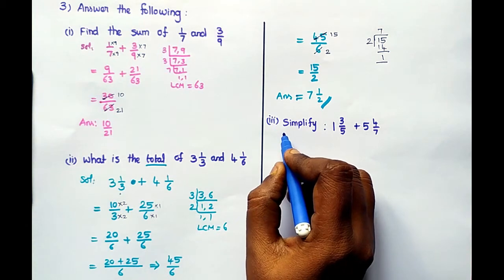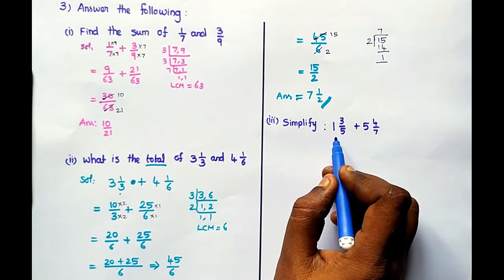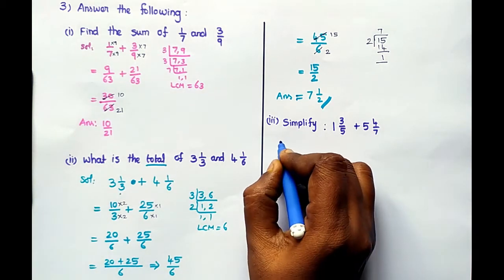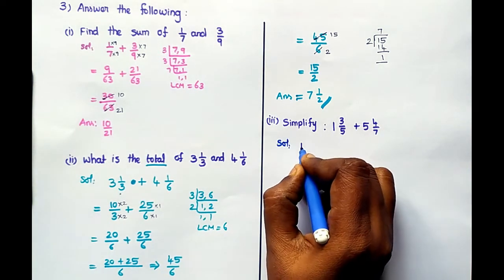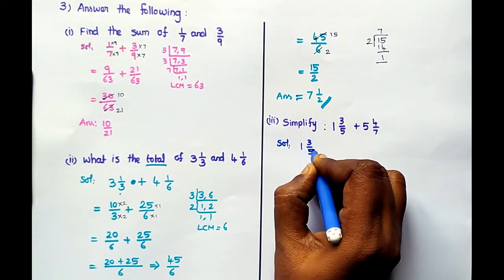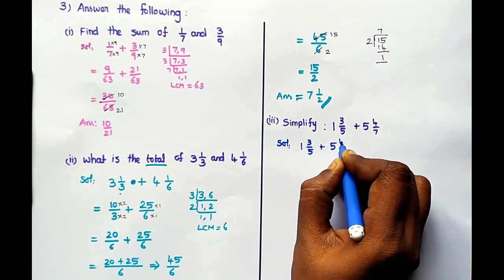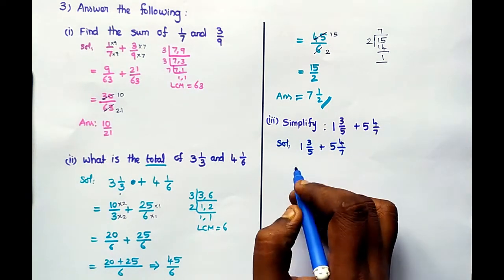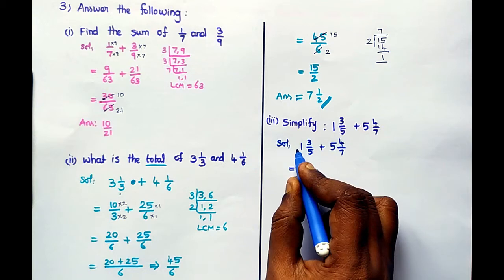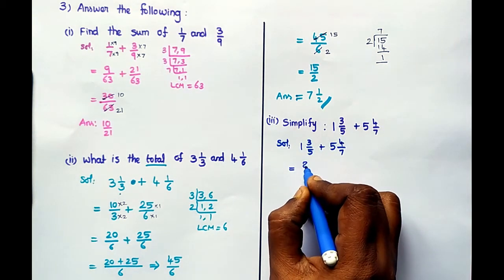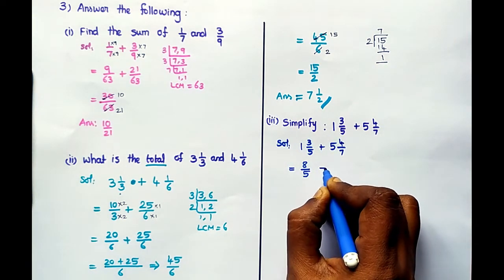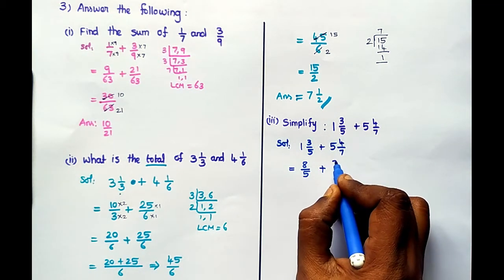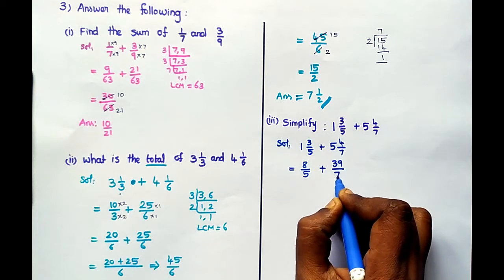Next subdivision. Simplify 1 3 by 5 plus 5 4 by 7. Solution, 1 3 by 5 plus 5 4 by 7. Change into improper fraction first. 1 5 is 5 plus 3, 8 by 5 plus 7 5s are 35 plus 4, 39 divided by 7.